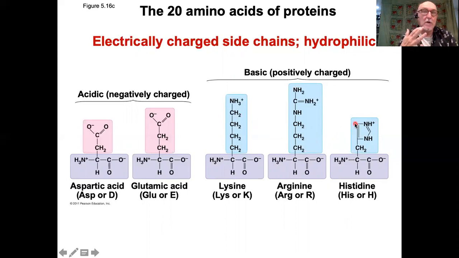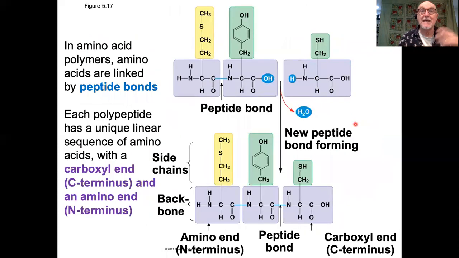We've got polar, non-polar, negative charge, positive charge, etc. We can begin now to think that if we can only get these side groups into position, they may be able to interact with molecules in their environment. And that's exactly what happens with proteins.